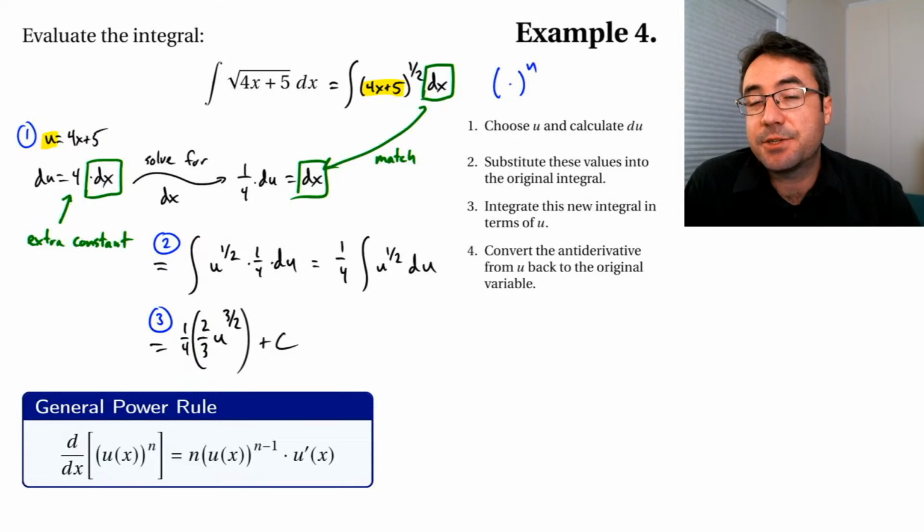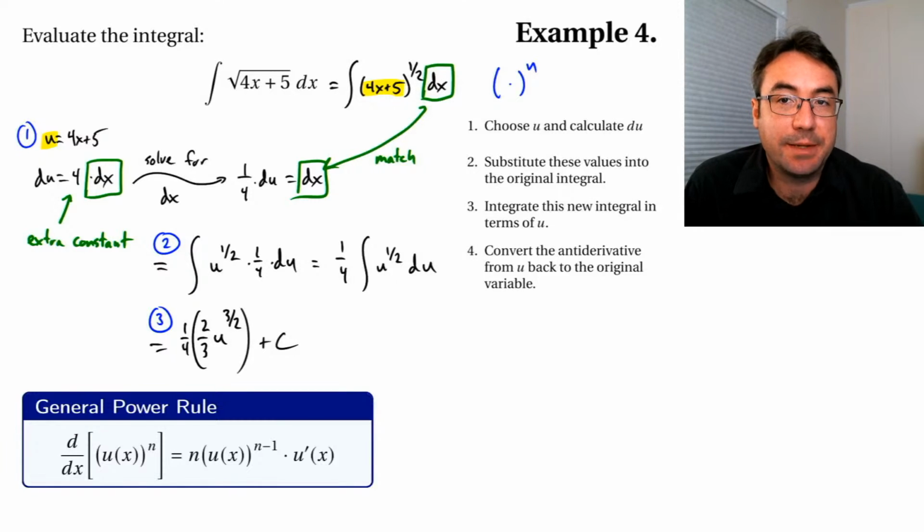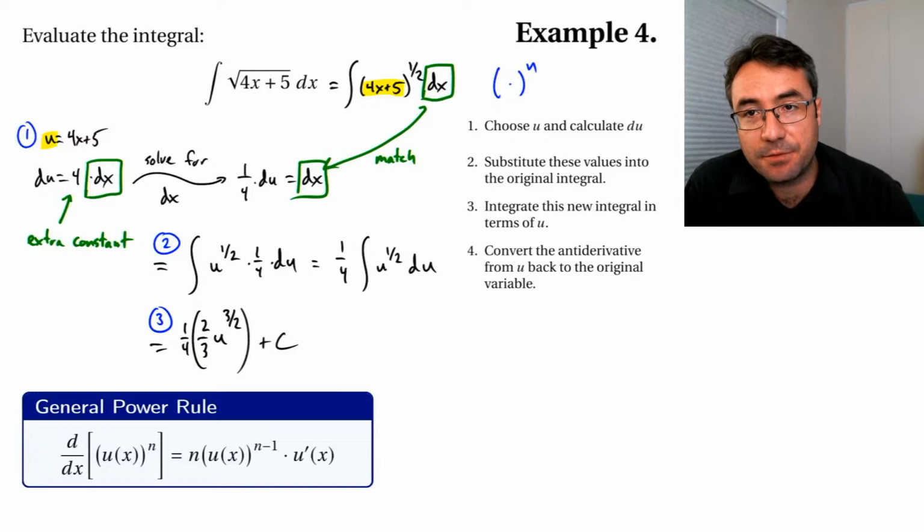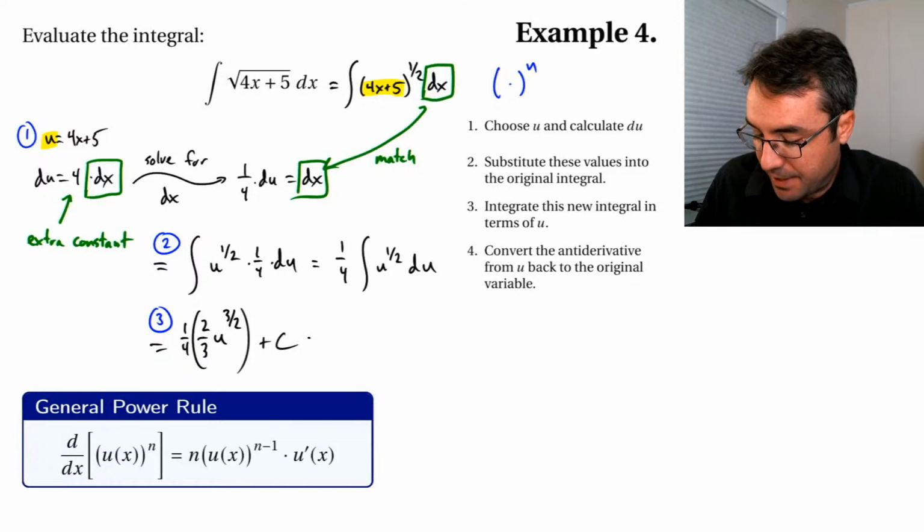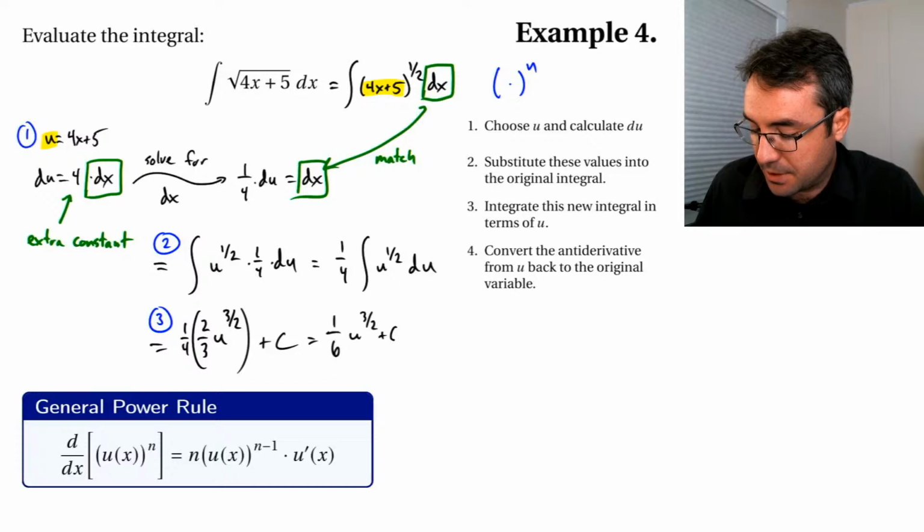We want to get it back in terms of x. And maybe before we do that, maybe we simplify a little bit. So we have 1 over 4 and then 2 over 3 in front. So if we simplify that, we end up with 1 over 6, u to the 3/2 plus c.